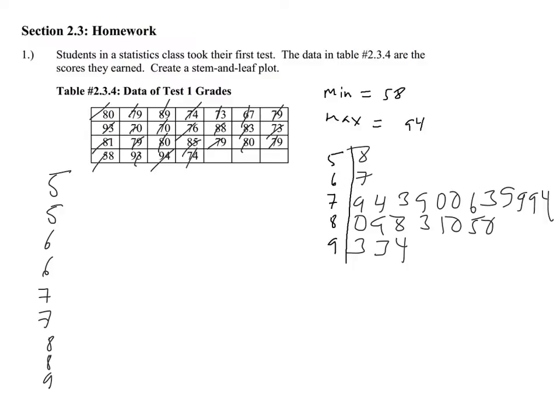Now when you're splitting the stems, I'm going to put 50 to 54 here, 55 to 59 here, 60 to 64 here, 65 to 69 here, 70 to 74, 75 to 79, and so forth.